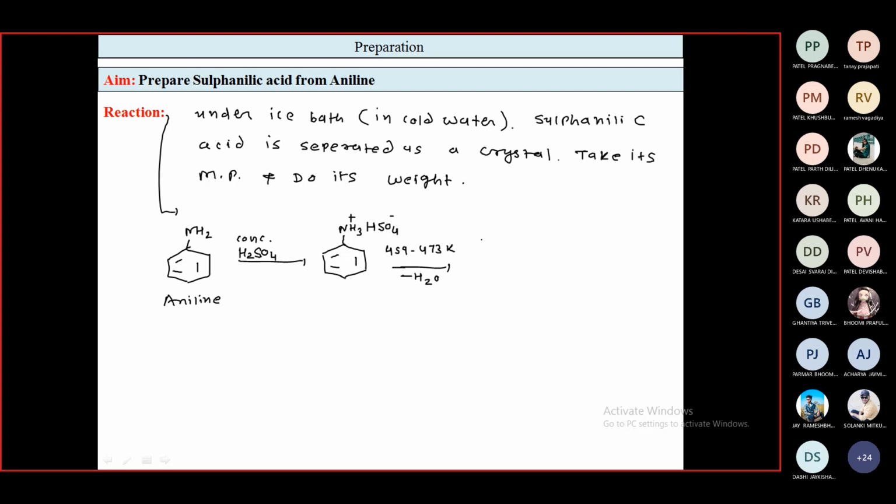So you are getting the zwitterion NH3+ SO3-.